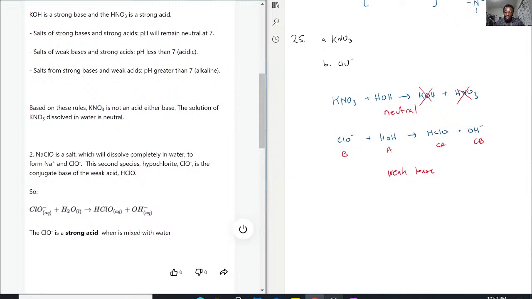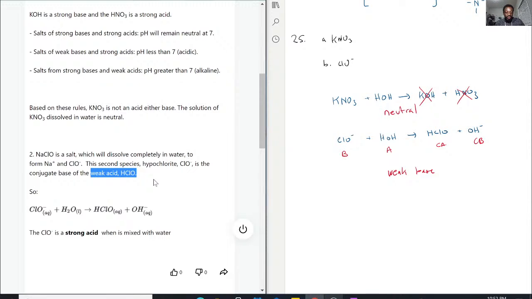And not only is it wrong in the acids and bases, it actually is a weak base, not even a strong acid. I think they just got it switched around somehow, because they say that this is a weak acid. Hypochlorite is a conjugate base of the weak acid HClO.